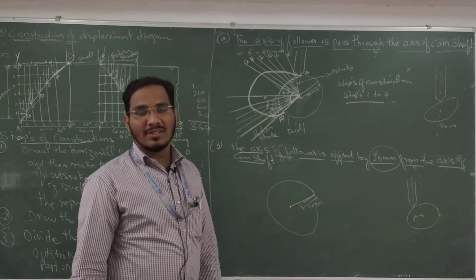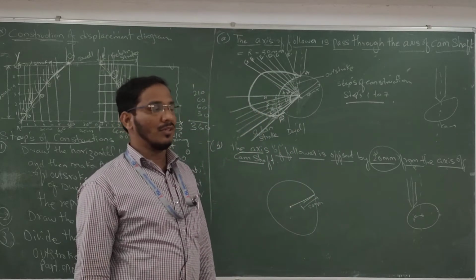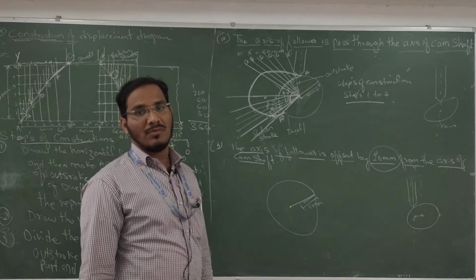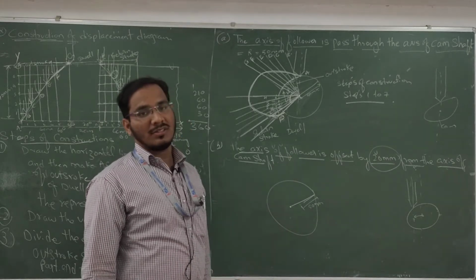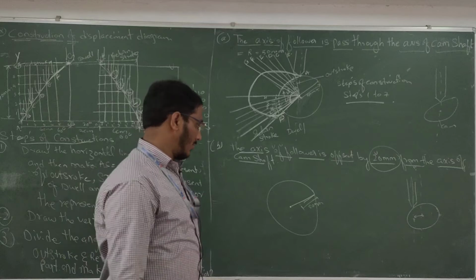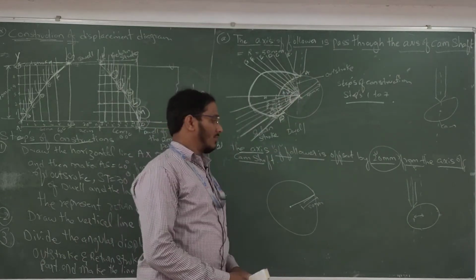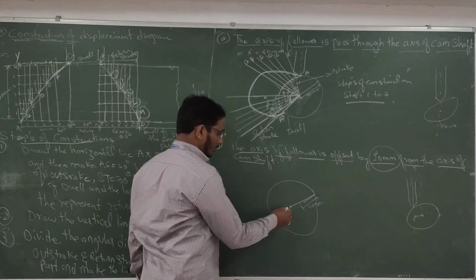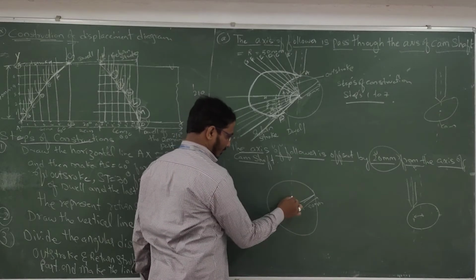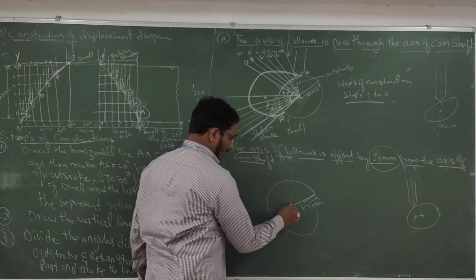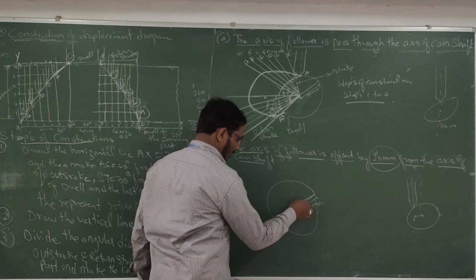Offset means the axis of the follower and the axis of the cam are not the same. So here we are drawing the cam profile with offset. Here we draw on the same axis. Just take the 20 mm.